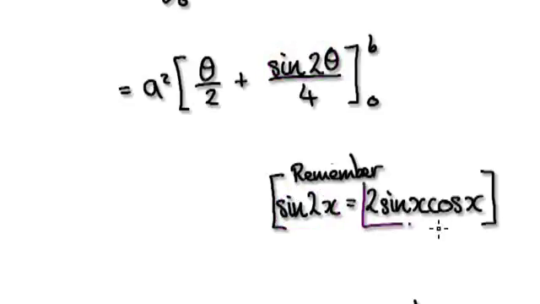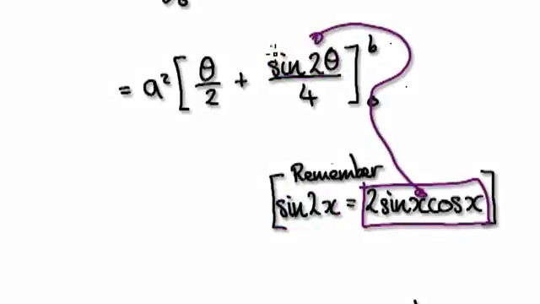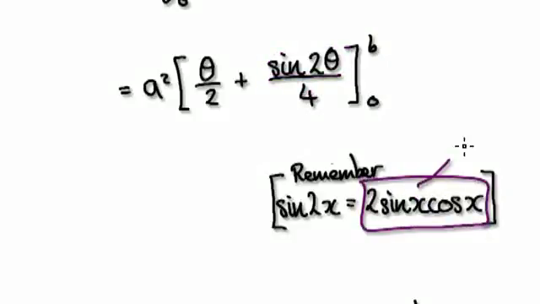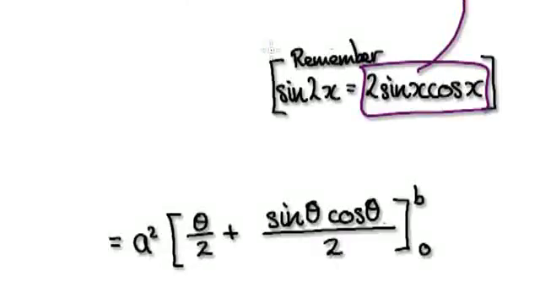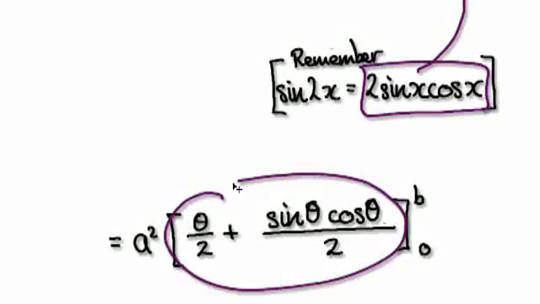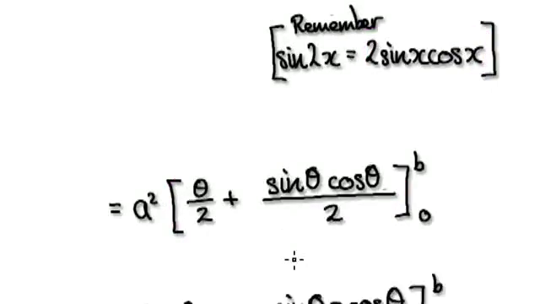So you can actually put this back into here. This 4 will later become a 2, because if you put this back into here, it will then become this.